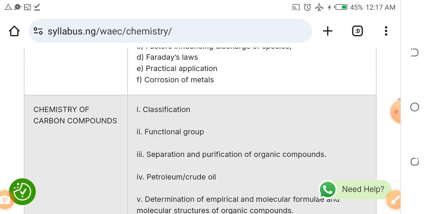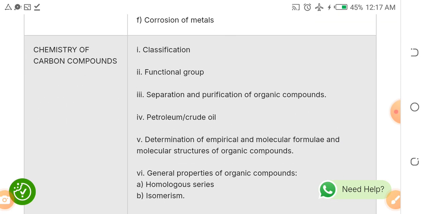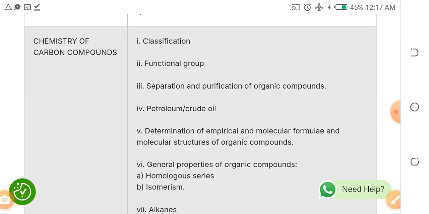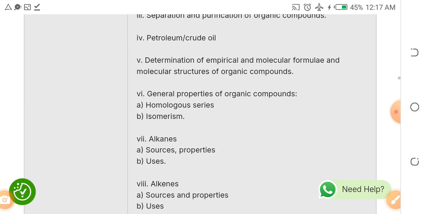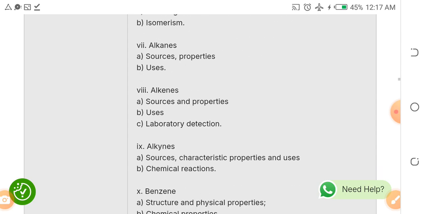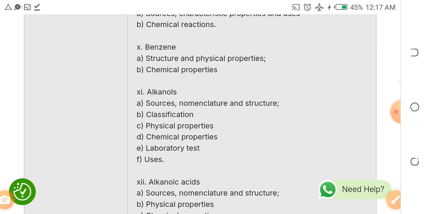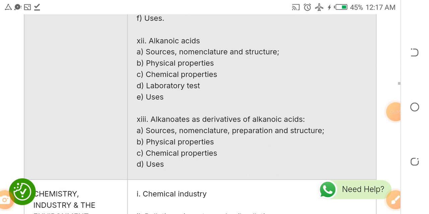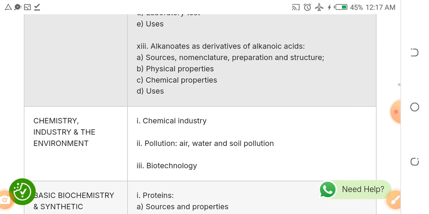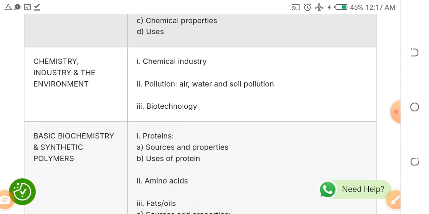Under this topic, read up classification of carbon compound, alkenes, alkanones, functional groups, separation and purification of organic compounds, petroleum, crude oil, determination of empirical and molecular formula, general properties of organic compounds, homologous series, isomerism, alkanes, sources, properties, uses, alkenes, benzene, alkanols, alkanoic acids, alkanoates. Then study things like chemistry, industry and the environment.